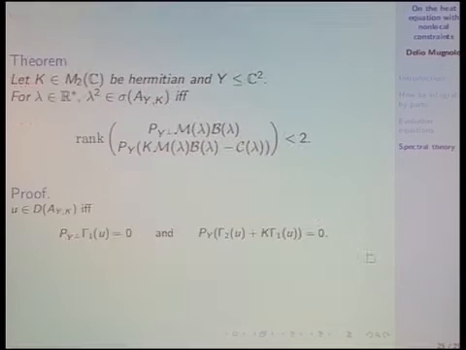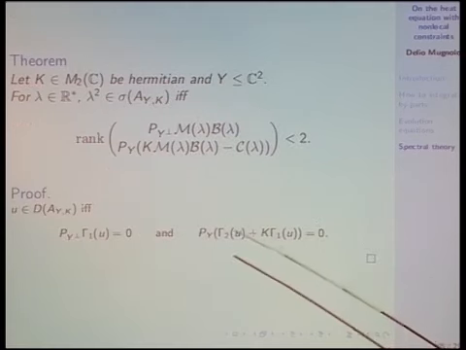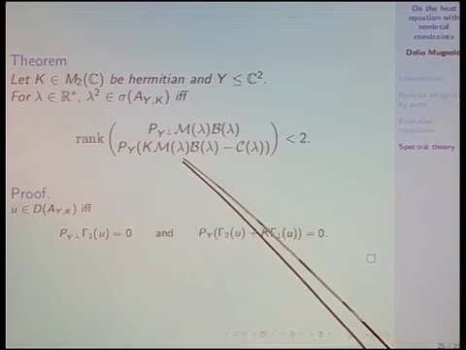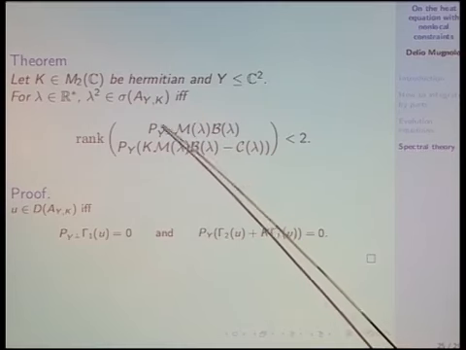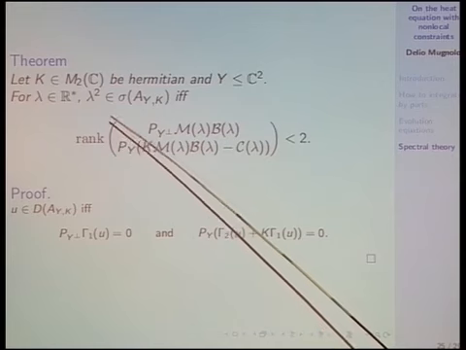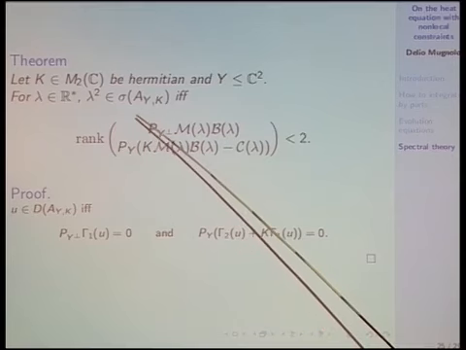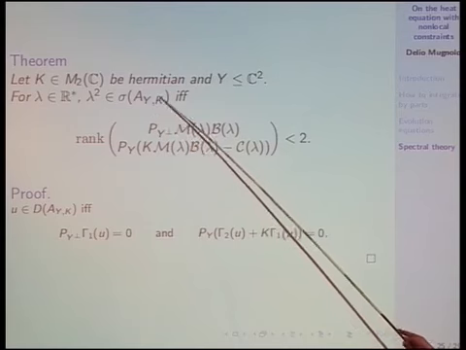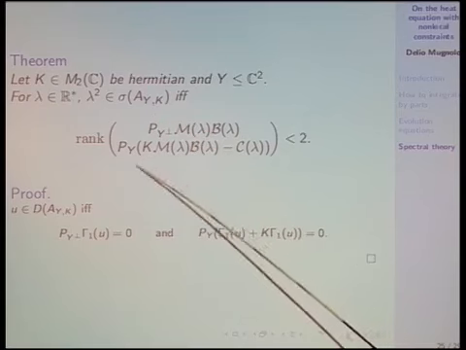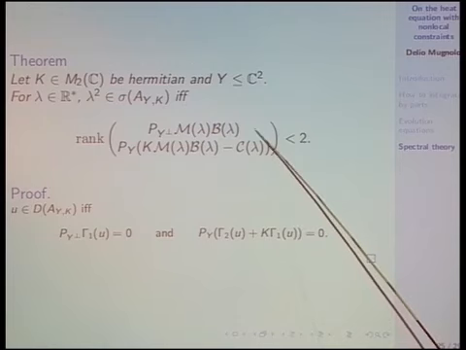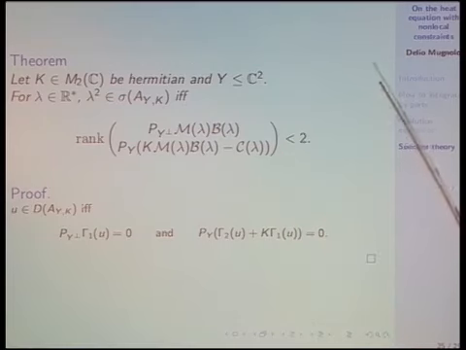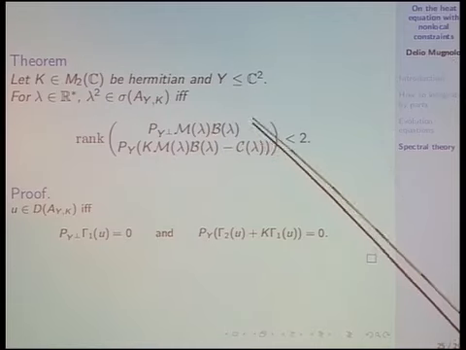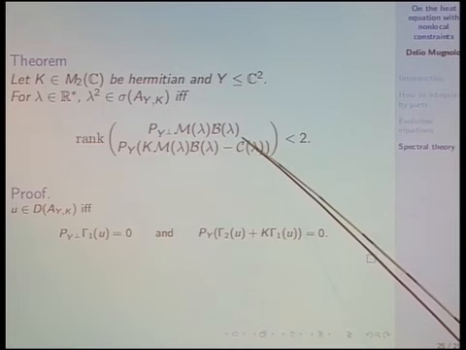And you end up with this theorem. A given number lambda, or lambda square, is in the spectrum of this operator if and only if you have this algebraic condition here. So if this matrix has non-maximal rank. This is a 4×2 matrix, so this just means that its rank is not maximal.